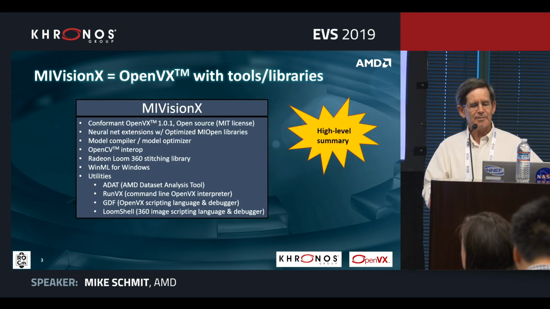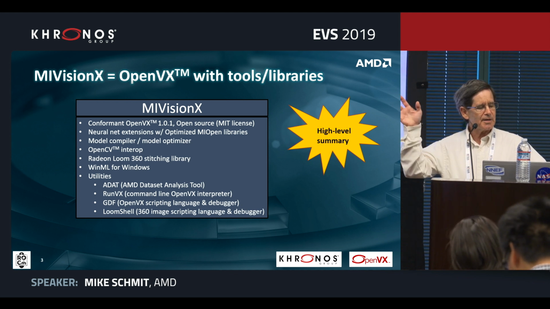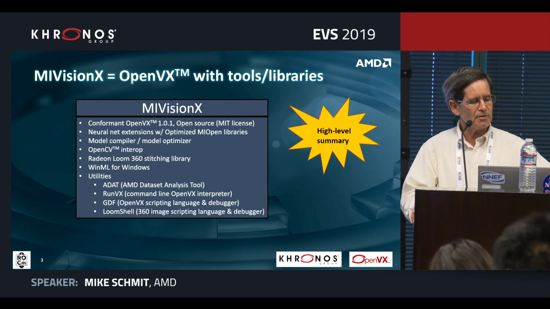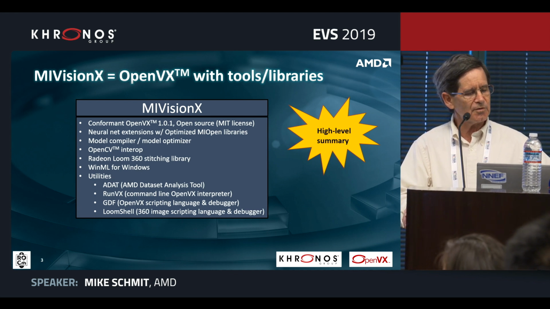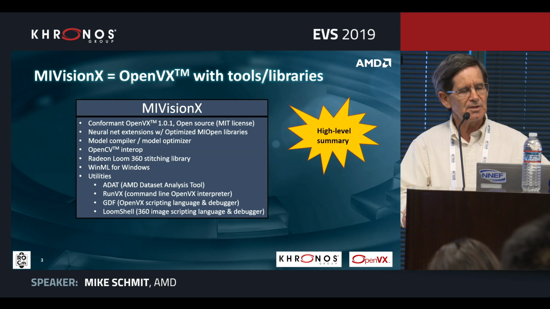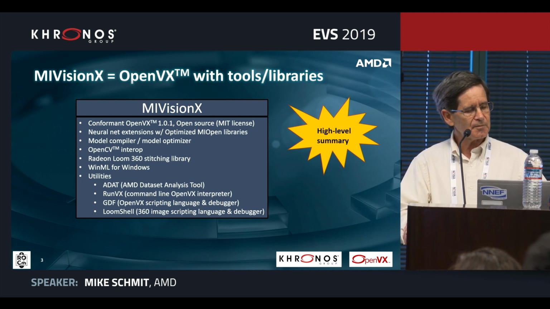So what is MIVisionX? Essentially, we're showing what is in the package. It's the OpenVX implementation, along with neural net extensions, along with a model compiler and model optimizer for running inference. There's an OpenCV interop.